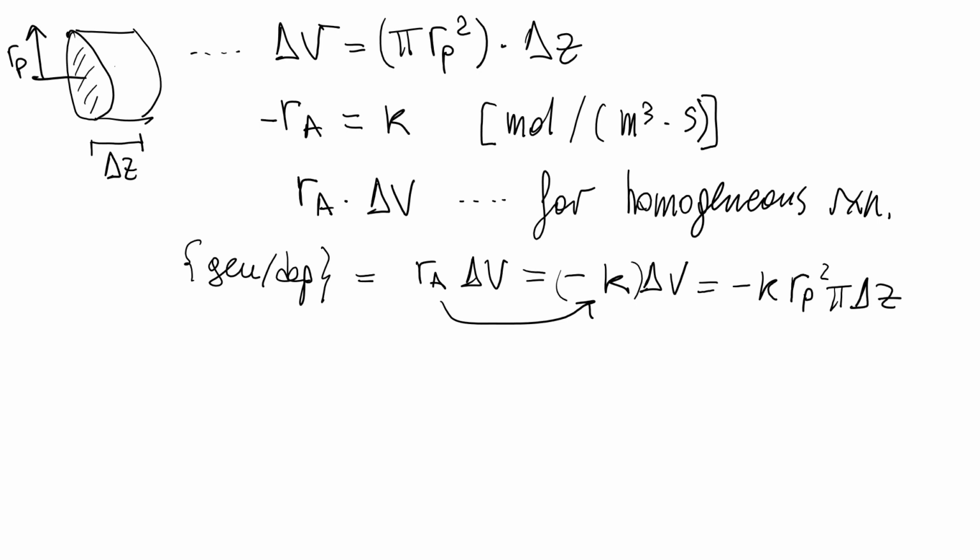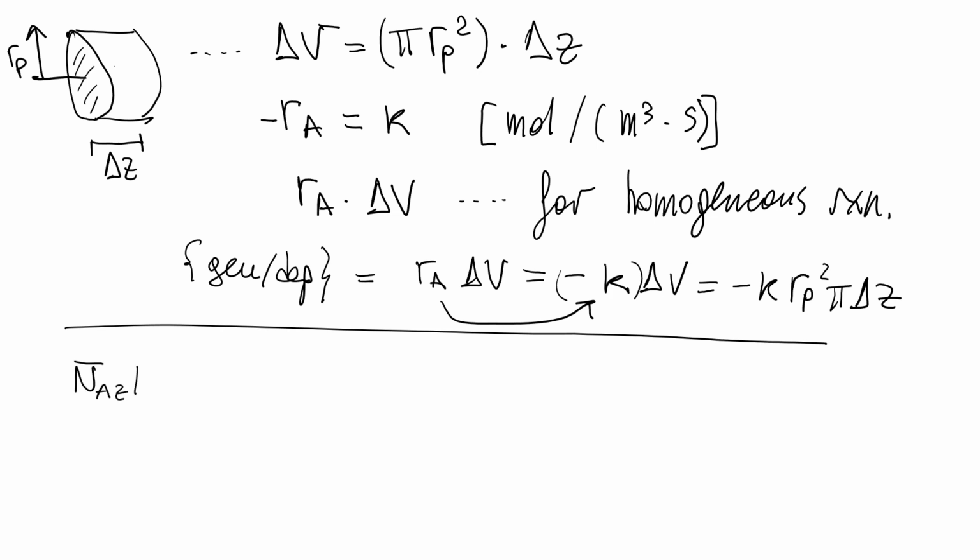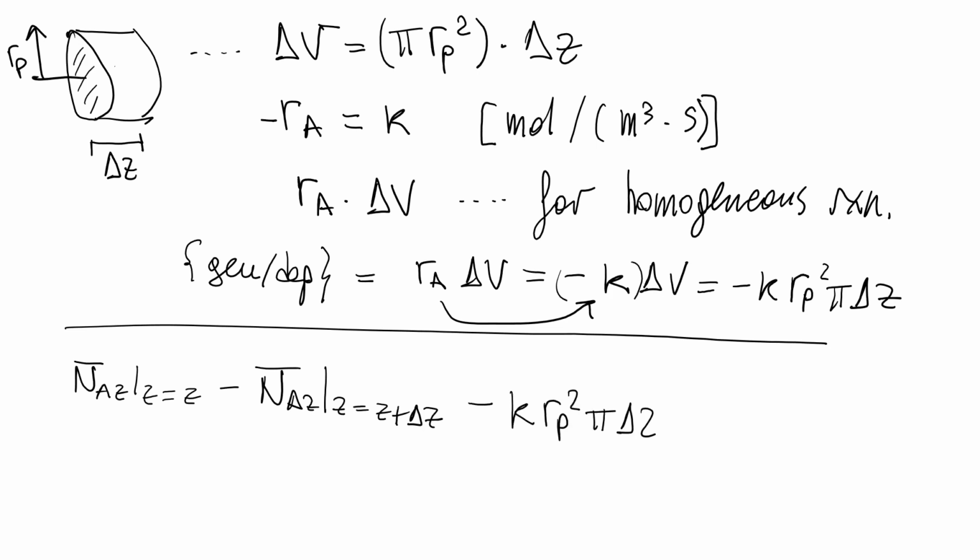Okay, so we can substitute this back in our balance. What we get is our in term, NAz at z equals z, minus NAz at z equals z plus delta z, minus k Rp squared pi delta z, and that equals our accumulation term.